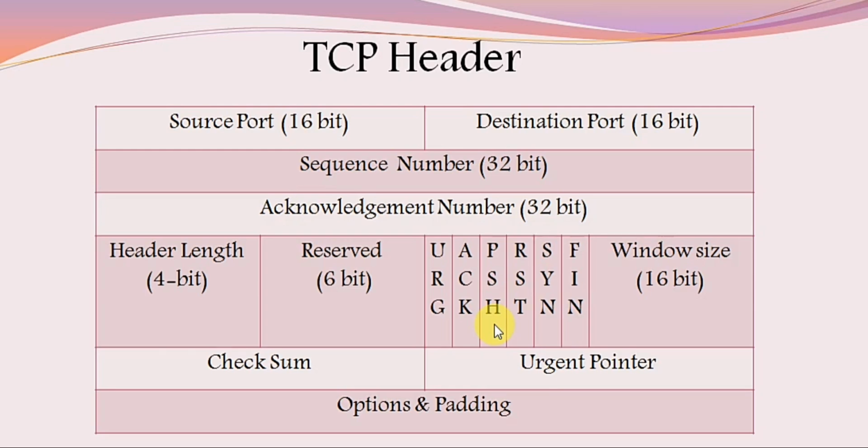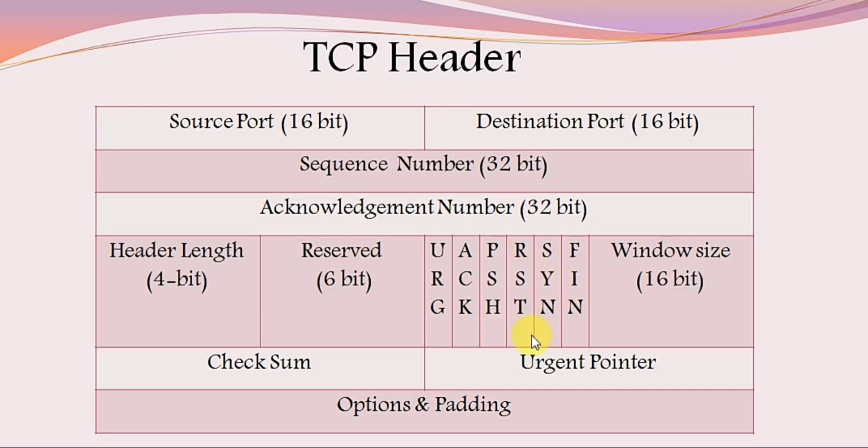But a few applications require fast delivery of data to the application layer. In that case, whenever the receiver receives the data, without waiting, it has to send the data to the application layer. To indicate this, we have to set the flag PSH to 1.